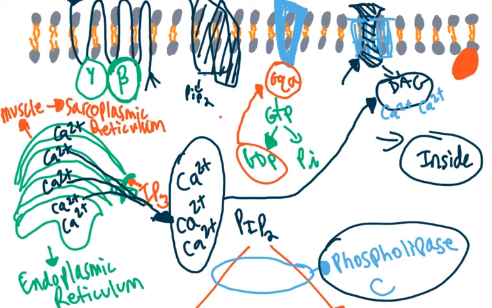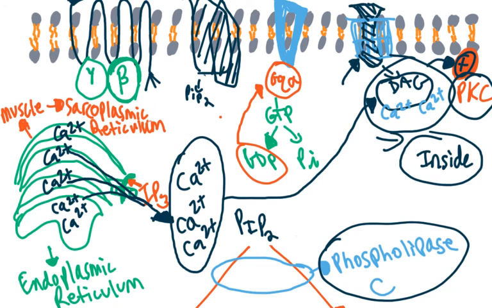Well, here in our PIP2 pathway, it's protein kinase C that's going to be activated with the help of our calcium bound to our 1,2-diacylglycerol. So this whole complex will activate protein kinase C, and now our protein kinase C will be our intracellular protein that will phosphorylate proteins in order to carry out whatever the cell needs to carry out.